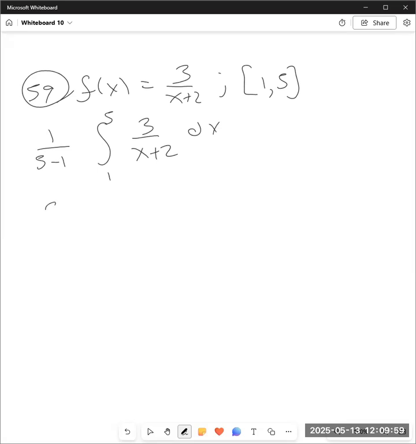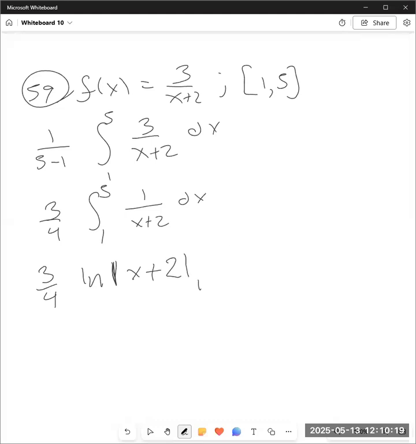Pull the 3 out. I have a denominator of 4, 1 to 5, 1 over x plus 2 dx. The derivative of x plus 2 is 1, so this is 1 over u du, but I don't need to do a u substitution here. I'll just use my basic rule, ln of the absolute value of the denominator. I'm going to evaluate from 1 to 5.